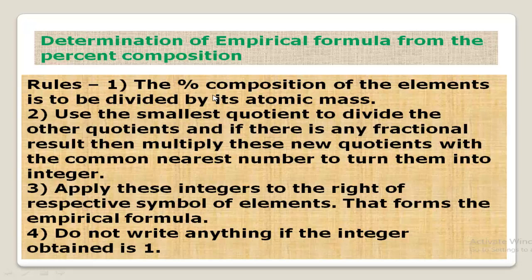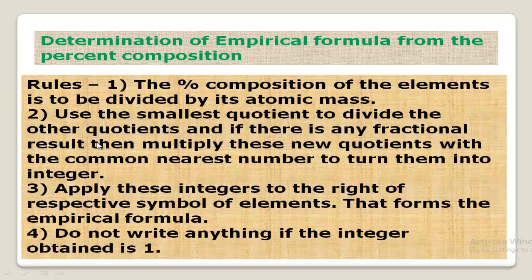Number 1, the percent composition of the elements is to be divided by its atomic mass. So at first we will divide the percent composition by its atomic mass. Use the smallest quotient to divide the other quotients, and if there is any fractional result, then multiply these new quotients by the nearest common number to turn them into integers.